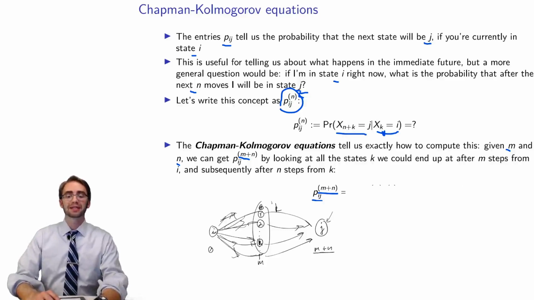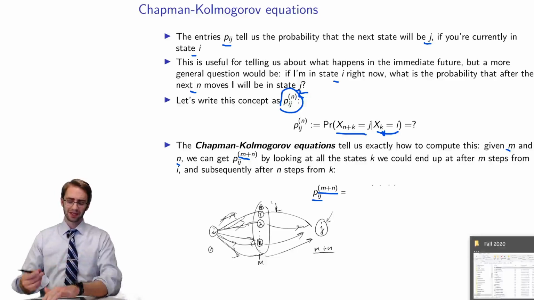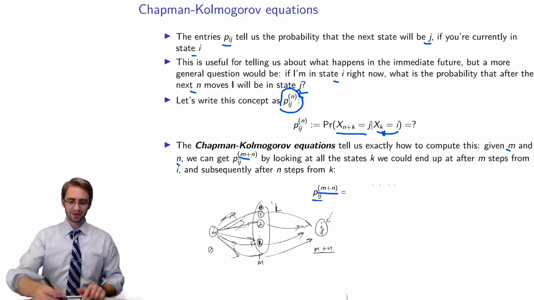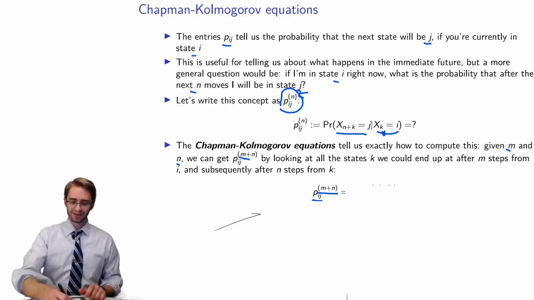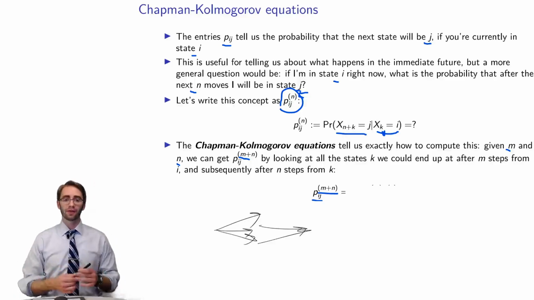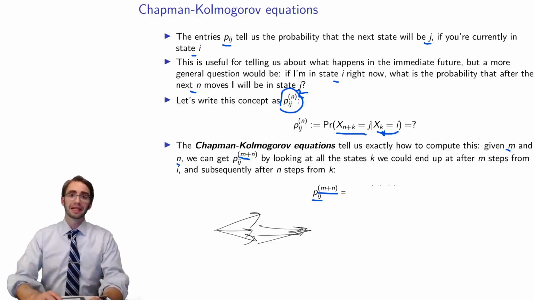In the first m steps, I'd go from i to k, and in the last n steps, I go from k to j, right? That's what's being illustrated here: in these first m steps, you'd go from i to some other node, and then in the last n steps, you'd go from that other node back into j. So I'm just summing over all of the intermediate possibilities that could occur there.